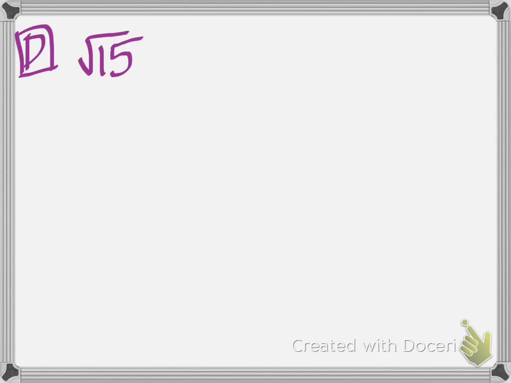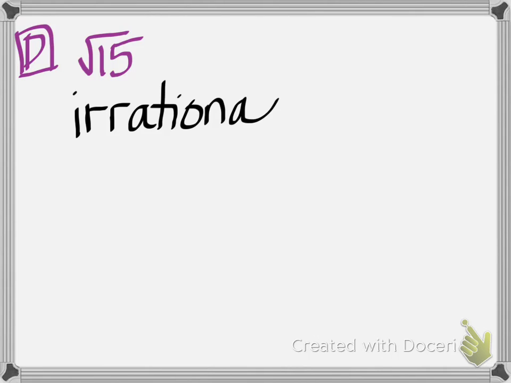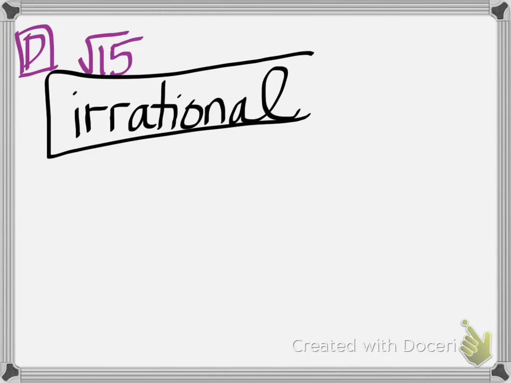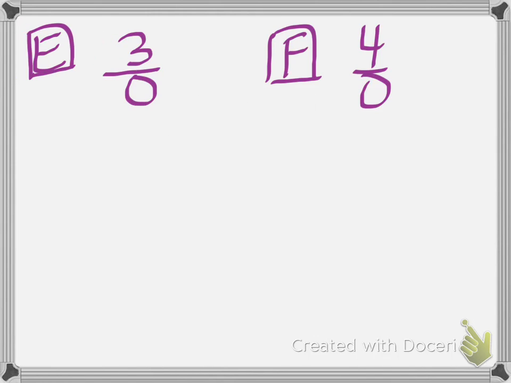Square root 15, that's not a perfect square. That means this is irrational. E and F I put together. Oops, this is supposed to be the other way around. Okay, so in E I have 3 divided by 0. I can never divide by 0.